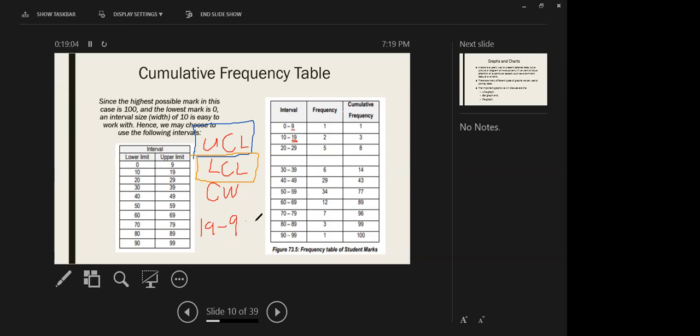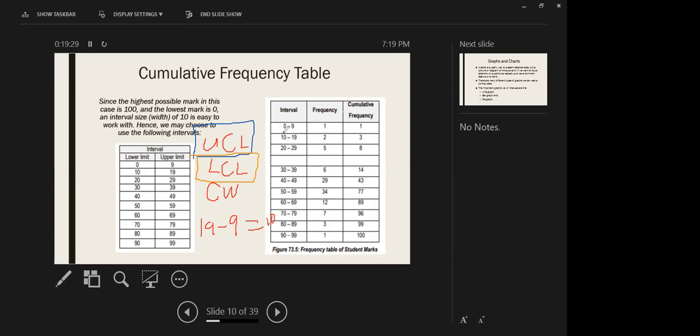Then I get 10. So we have used upper class limits only, and we found that the class width is 10.